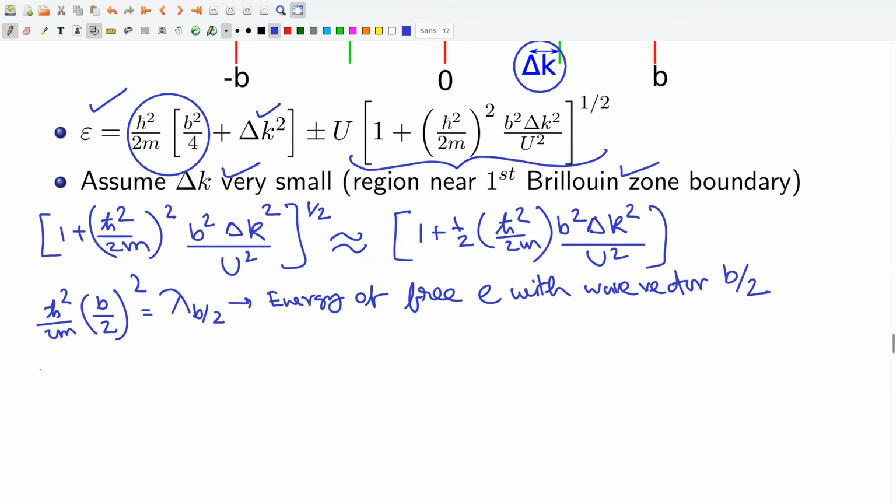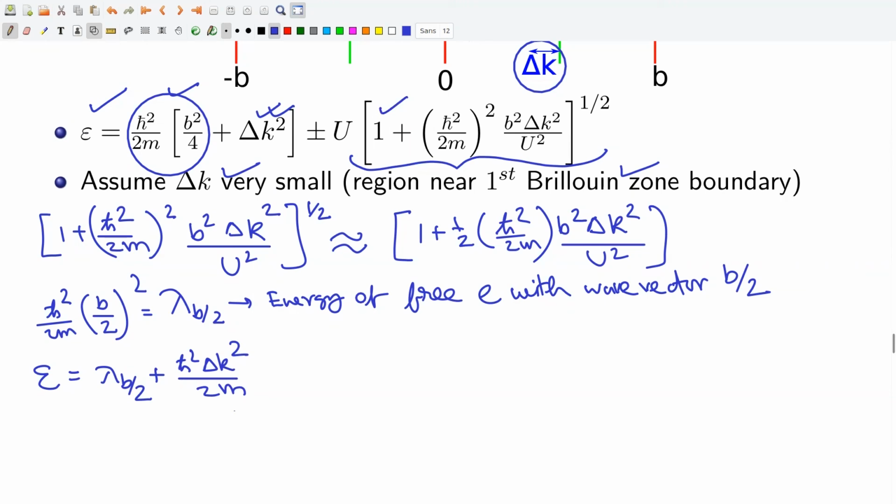Thus, we can write energy is equal to, so the first term is lambda b by 2. The second term is plus h cross square delta k square divided by 2m.